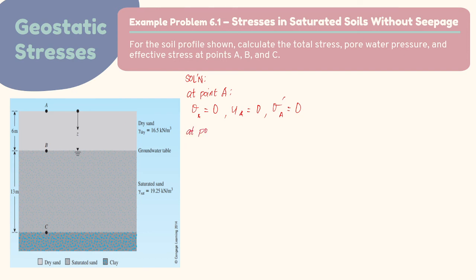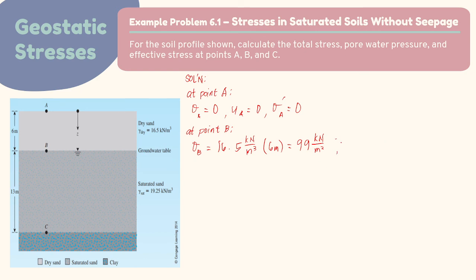At point B, we have the total stress. This is equal to the dry unit weight of the sand, which is 16.5 kilonewton per cubic meter times 6 meters. So what we'll get is 99 kilonewton per square meter.